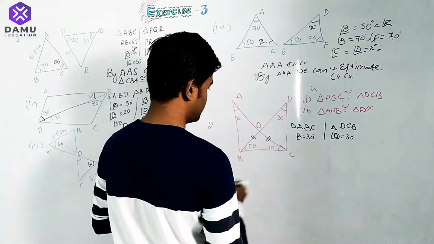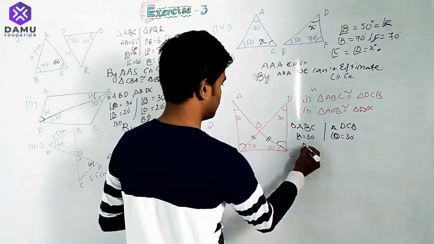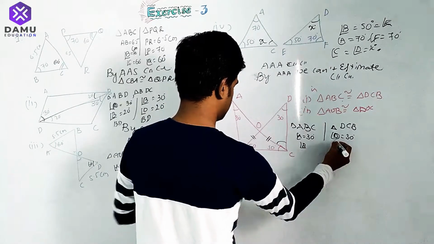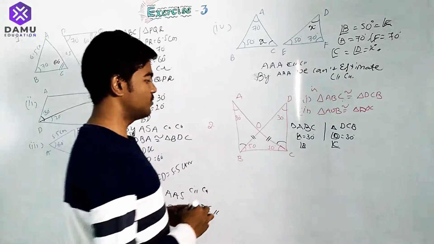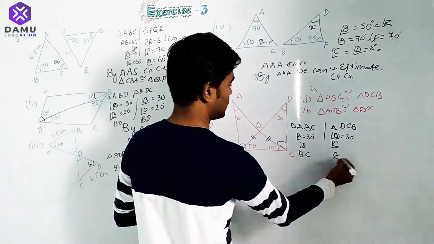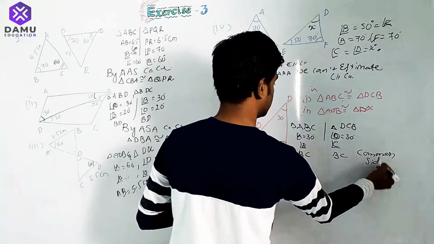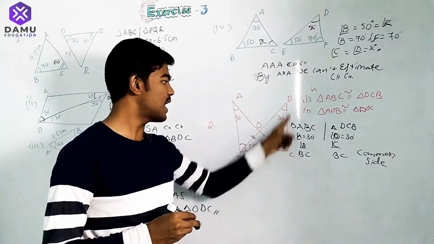Then angle B and angle C will be the congruency criterion in both triangles. BC is a common side for both triangle ABC and DCB.